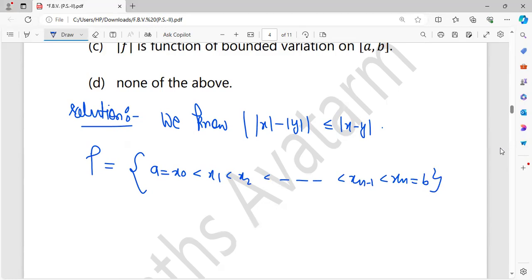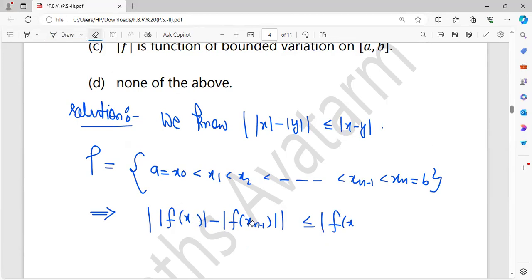Then this implies the absolute value of f(x_i) minus the absolute value of f(x_{i-1}) is less than the absolute value of f(x_i) minus f(x_{i-1}), because I am taking x as f(x_i) and y as f(x_{i-1}).